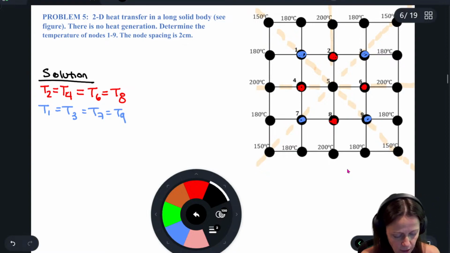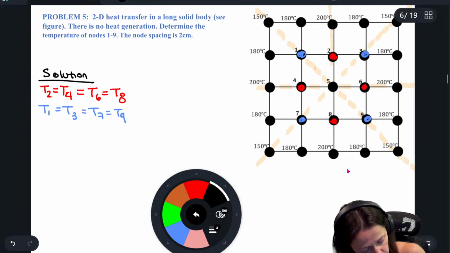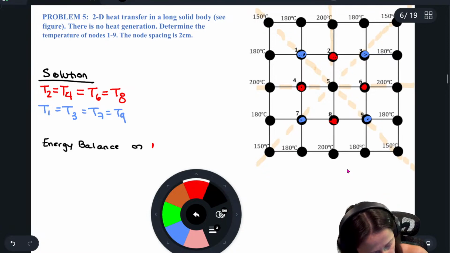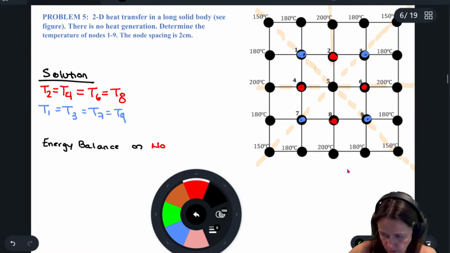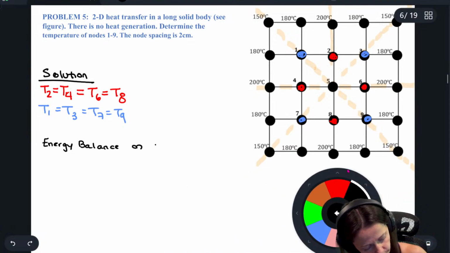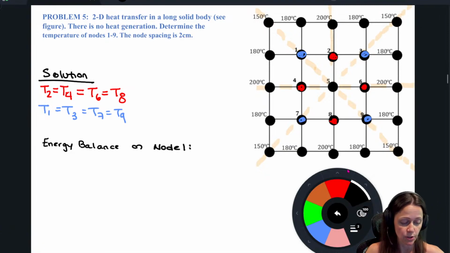So we're going to do an energy balance on, doesn't really matter, let's do it on node 1. And this is an internal node. There's no energy generation. So remember, it's that simple one that if you're going to memorize something, that's a good one to memorize.